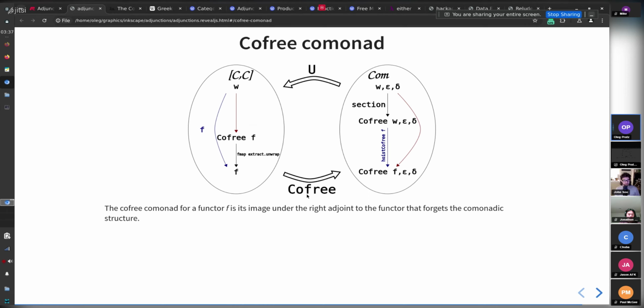And cofree is the right adjoint to that forgetful functor, and cofree of F is the image of F under that functor. Yeah, so the intuition for comonads is like it's some data structure or a table, something like that, with an element highlighted in it, right?